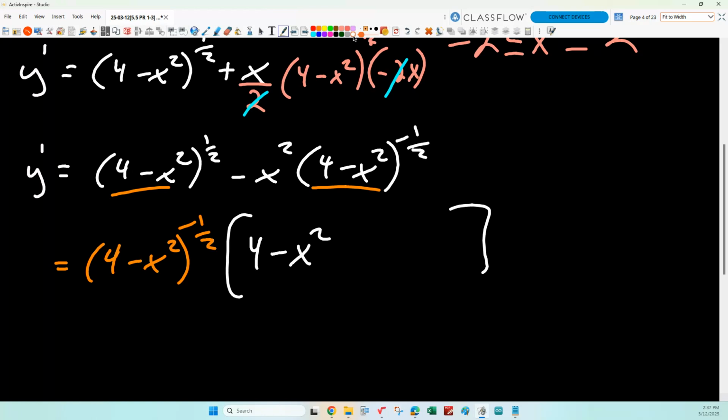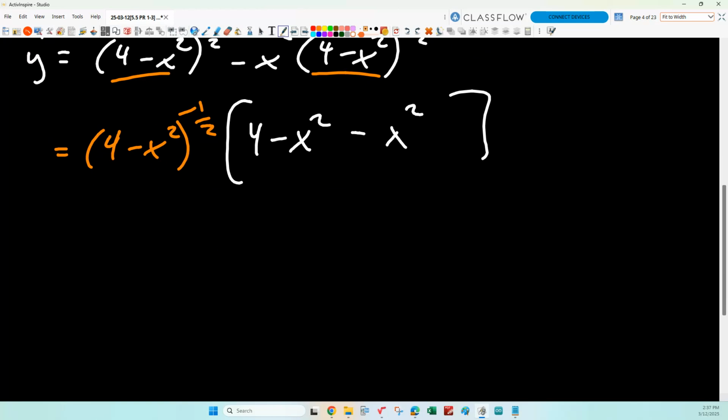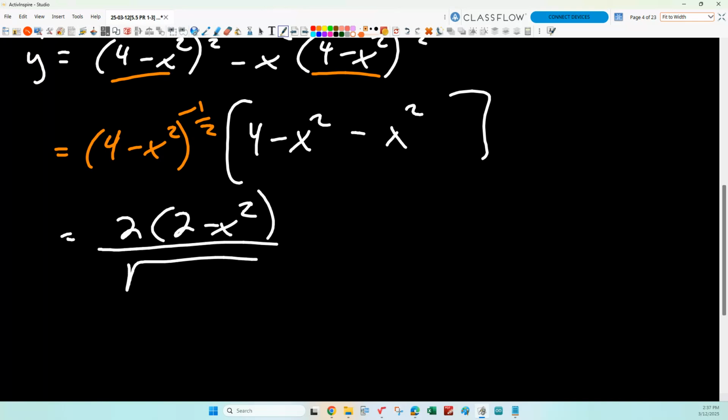And then over here, that one goes away completely. So we get that, right? Okay. And then in a few short steps, that goes to the bottom. If we combine like terms and factor out a 2, that just gets us right where we got on the other page. Right? So what are our critical numbers then?